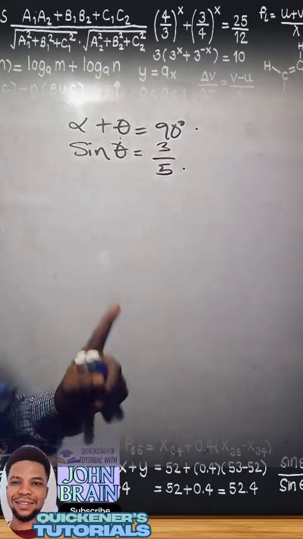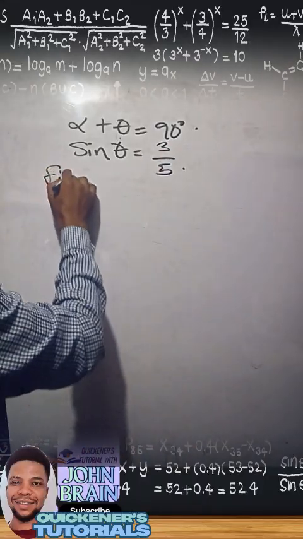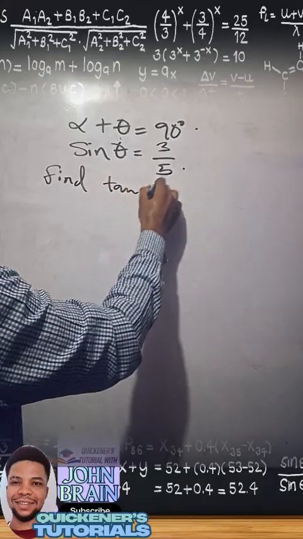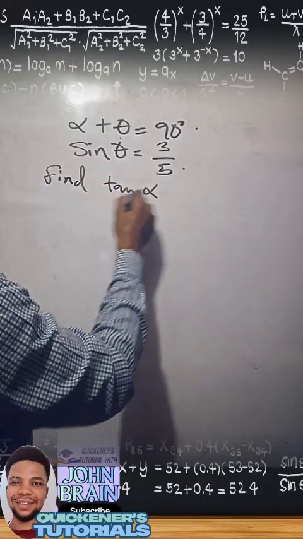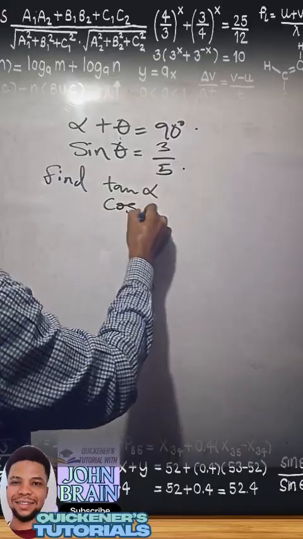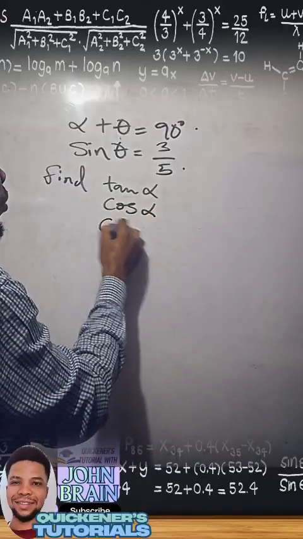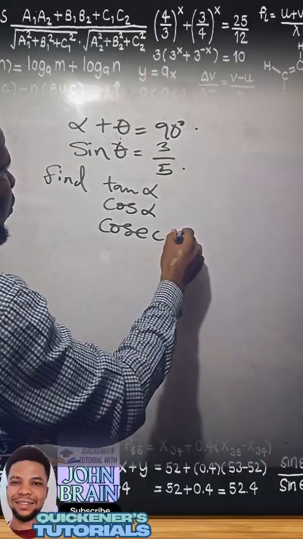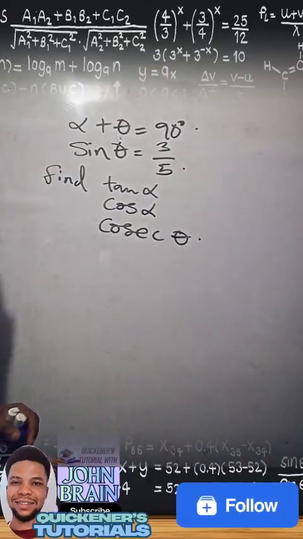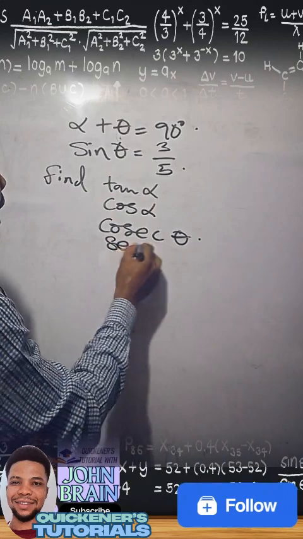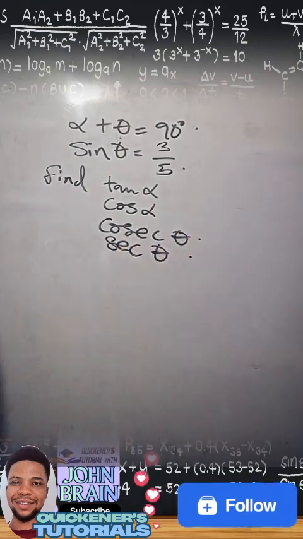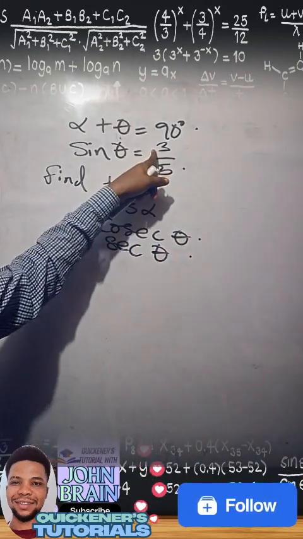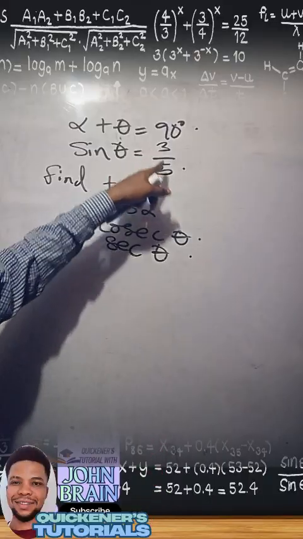Find tan alpha, cos alpha and cosec theta. Then let's take another one, sec theta. So this is all they gave us: theta and 3 over 5.